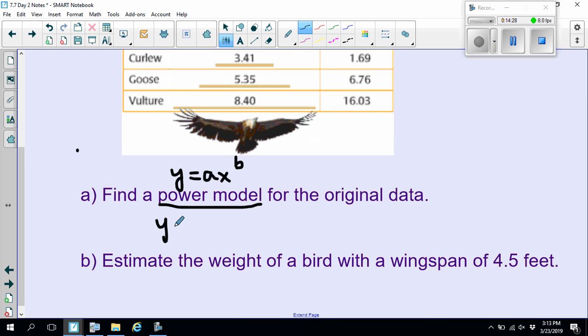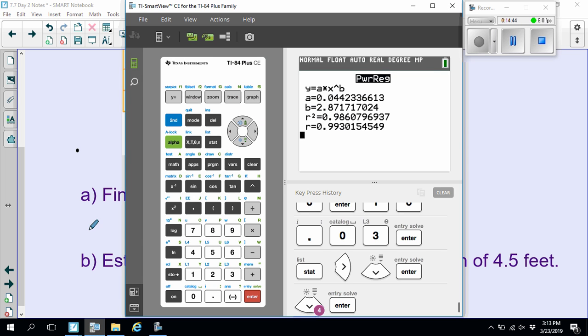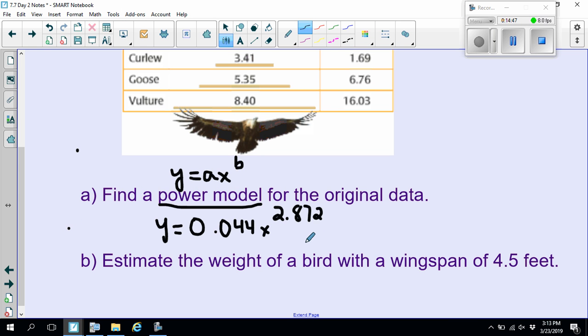So we said y equals 0.044 times x to the 2.872. Let me go back and make sure that's correct. Yes. Okay. So that's going to be our power model.